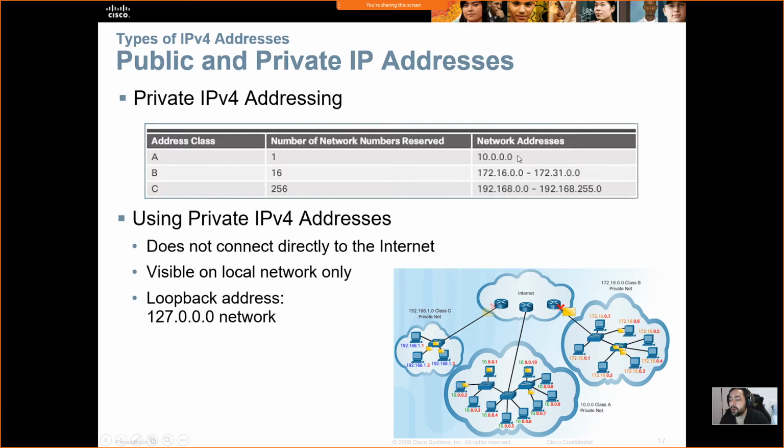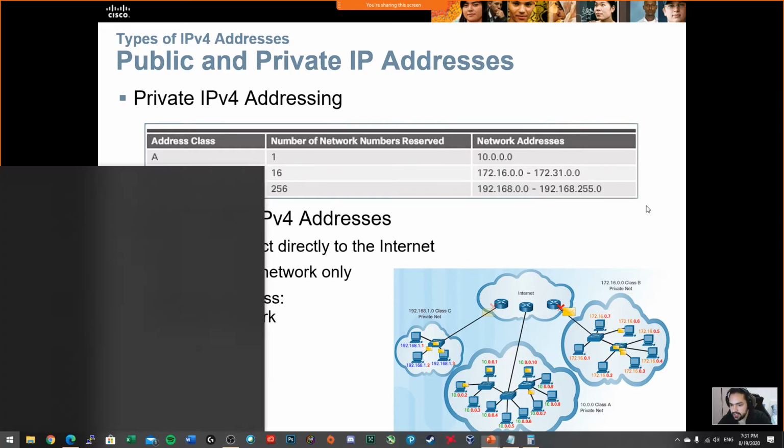And the network ranges for each one of them are as follows. The 10.0.0.0 is a private address, class A. The 172.16 up to 172.31 is a private address, class B. And the 192.168 up to 192.168.255 is a private address, class C.